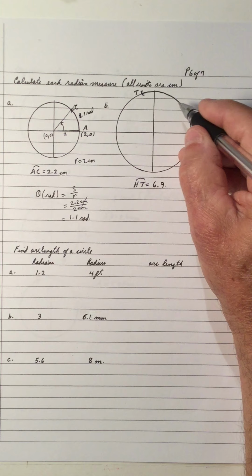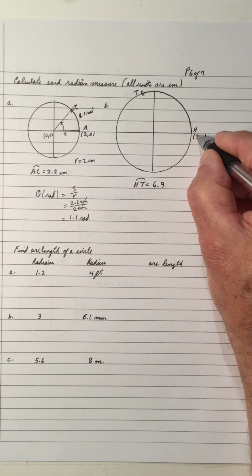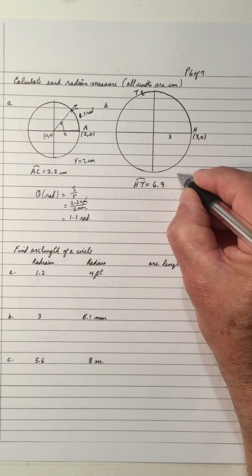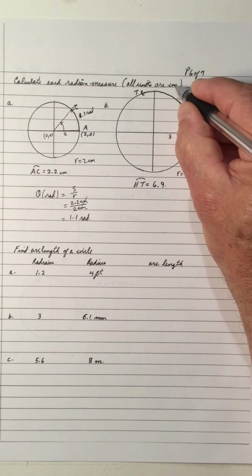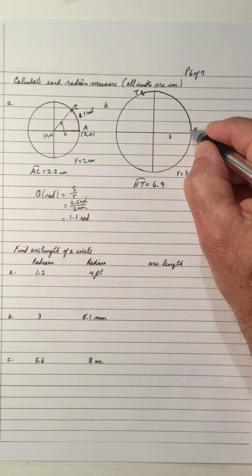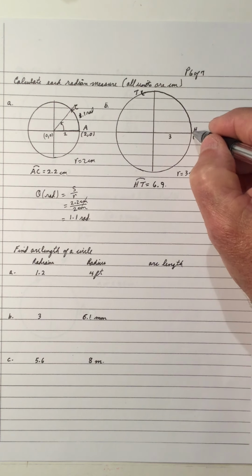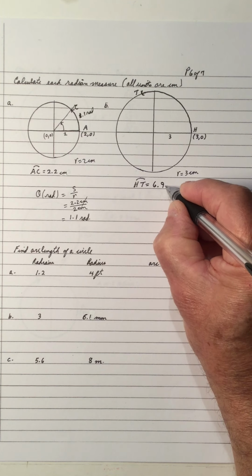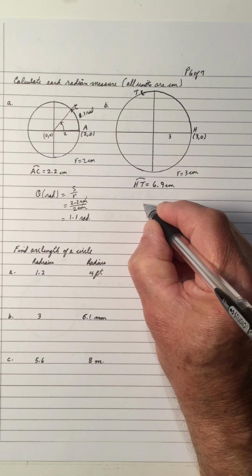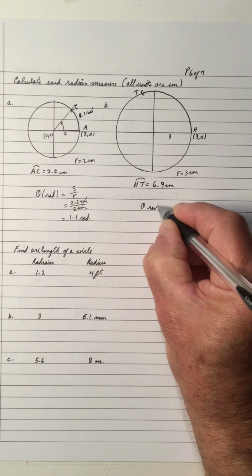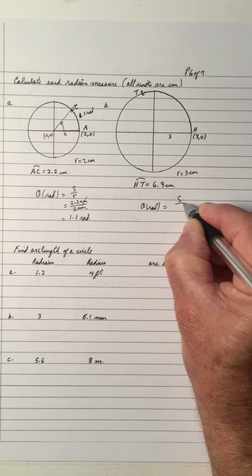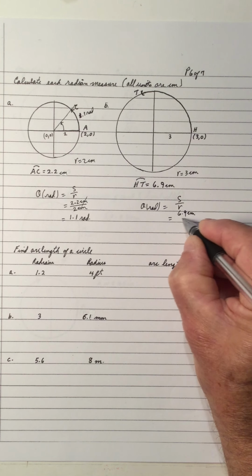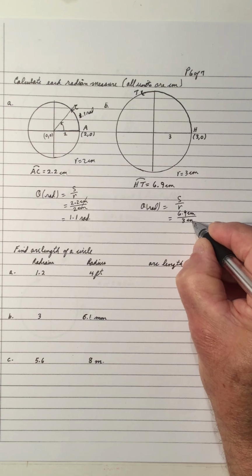And we have another circle. Notice that this point H is 3, 0. That means the radius of the circle is 3, and the units are centimeters. The arc length THT, which is this rotation, is 6.9 centimeters. The radian measure is the arc length divided by the radius, so 6.9 centimeters divided by 3 centimeters.